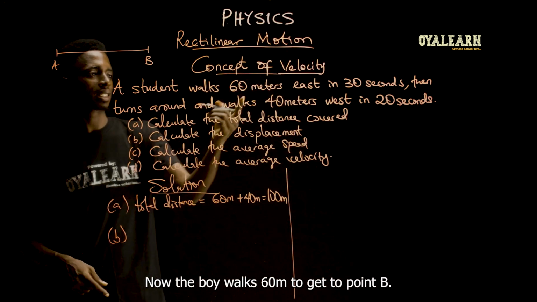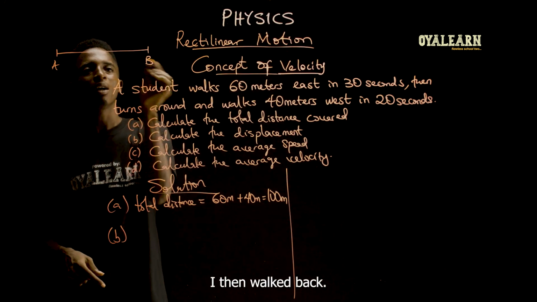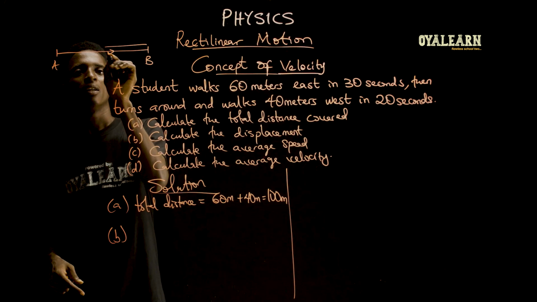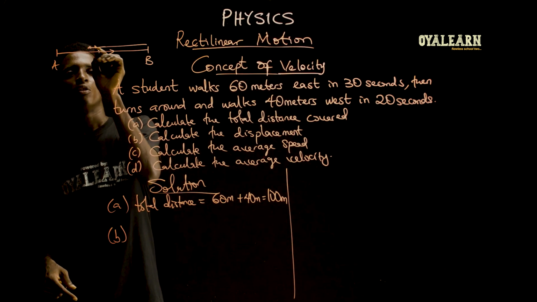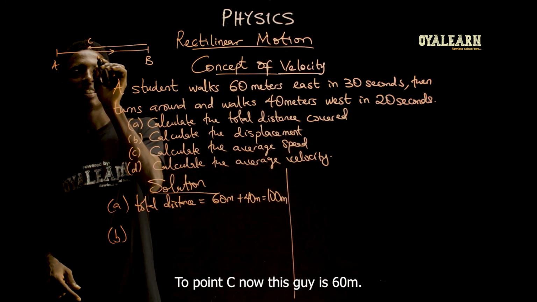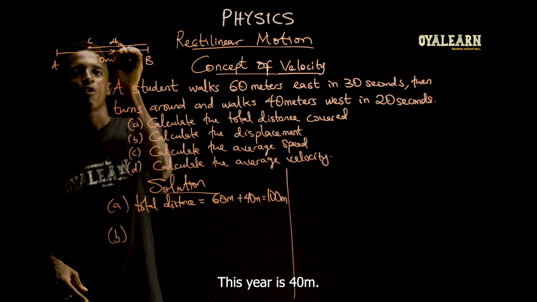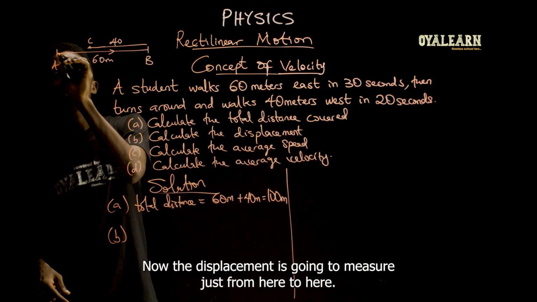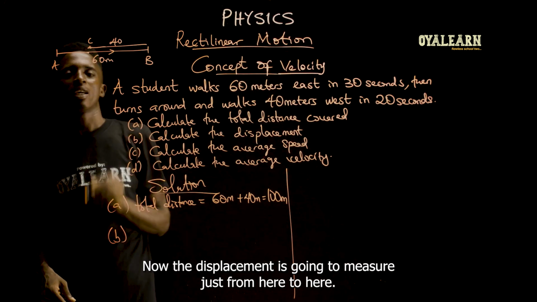Now the boy walked 60 meters to get to point B and then walked back to point C here. Now this here is 60 meters, this here is 40 meters. Now the displacement is going to measure just from here to here.